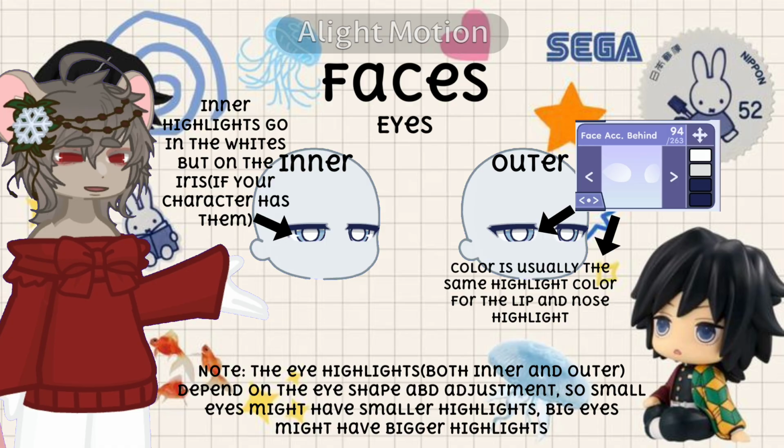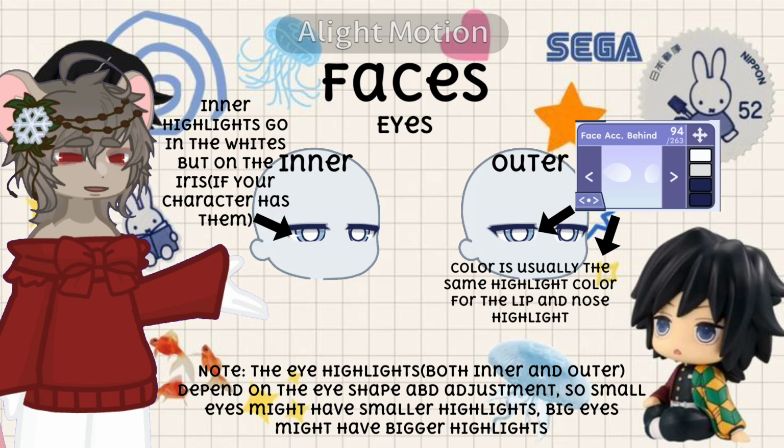outer ones, for the inner ones, that depends on the character. So, if you don't want them to have the shine, that's fine, but if you do, usually when they have the inner eye highlight, I make it smaller in length. That way it fits easily into the white part of the eye and isn't blatantly shoved in your face, because I don't really like how that looks.